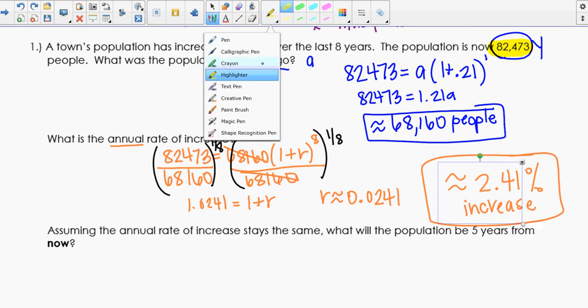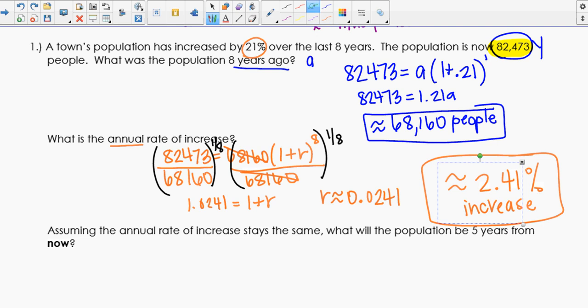The first way, excuse me, you can say is that we're looking for Y. If you use the original initial population, which is 68,160, and you have 0.0241. Okay, well, this happened 8 years ago, okay? And we want 5 years from now. Well, 8 years ago plus 5 years would be a total of 13 years from this population.